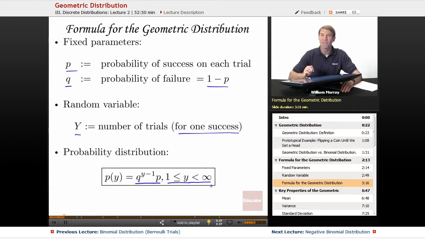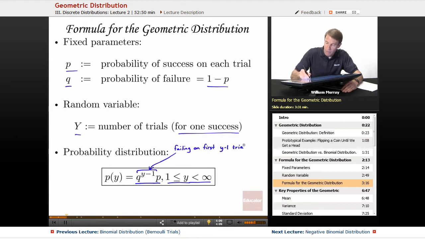This should be fairly easy to remember because what this really represents is, q to the y minus 1 means you have to fail on the first y minus 1 trials. If you want to get the first head on your 6th coin flip, that means the first 5 coin flips have to come up tails. So what you're really doing here is failing on the first y minus 1 trials.